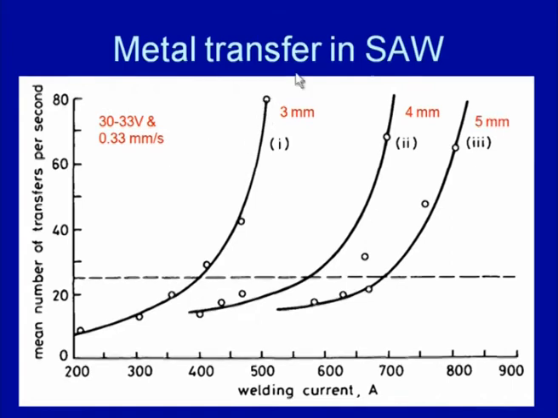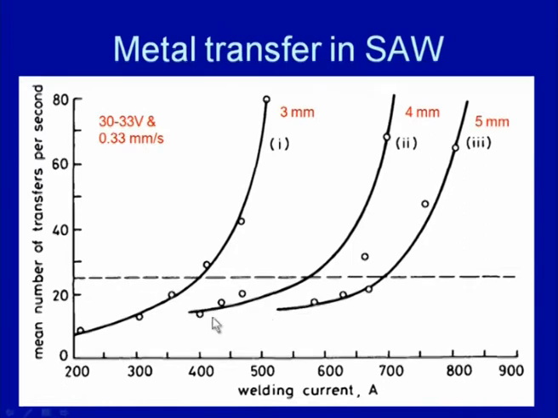If we go with a larger diameter electrode, then this happens only at a higher range of current, say around 18 to 20 drops at around 400 ampere to 80 drops at around 700 ampere current.